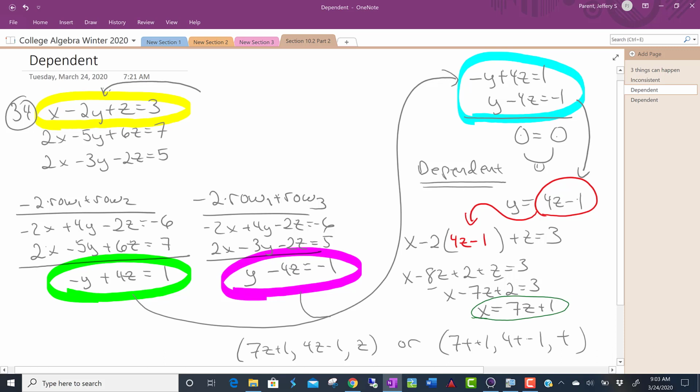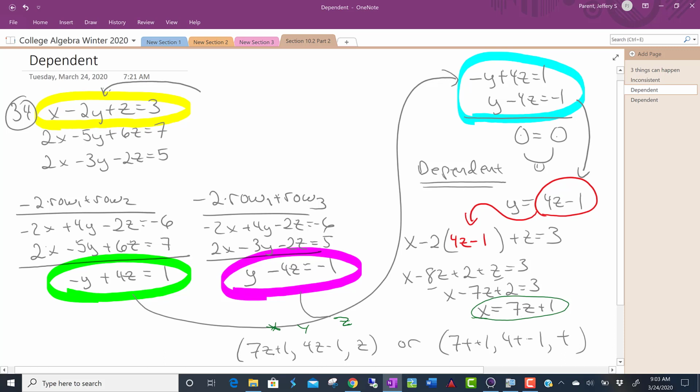So take a look here. I've got y defined in terms of z and x defined in terms of z. So I could write my solution x, y, and z. Z I'm just going to let be whatever. Y, well, y was 4z minus 1, so there you go. And x was 7z plus 1.